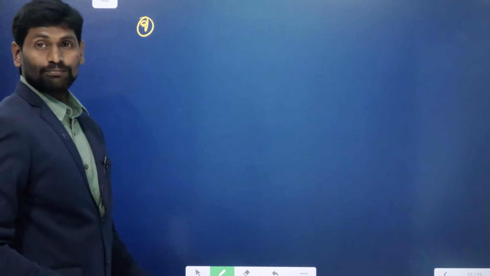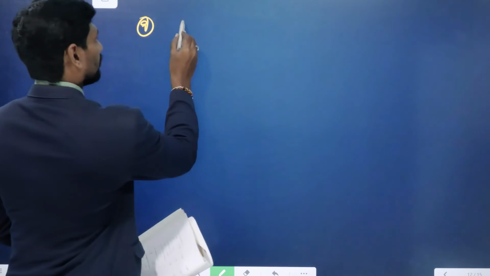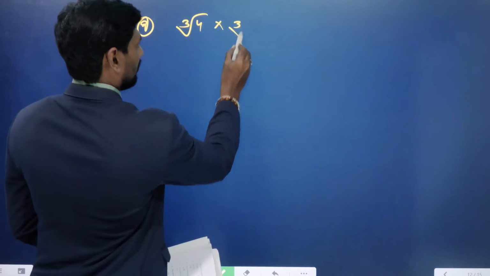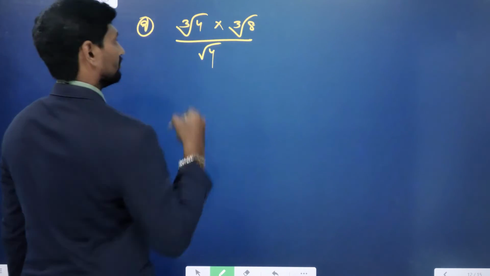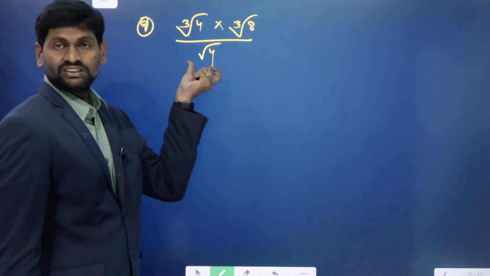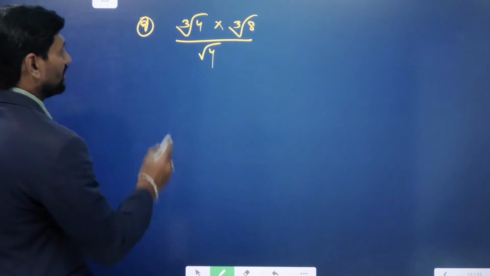Problem number 9. Check that problem number 9 here. That is, the cube root of 4 into the cube root of 8 by the square root of 4. The first two have the same order, but the denominator order is different. Let me simplify the numerator term.